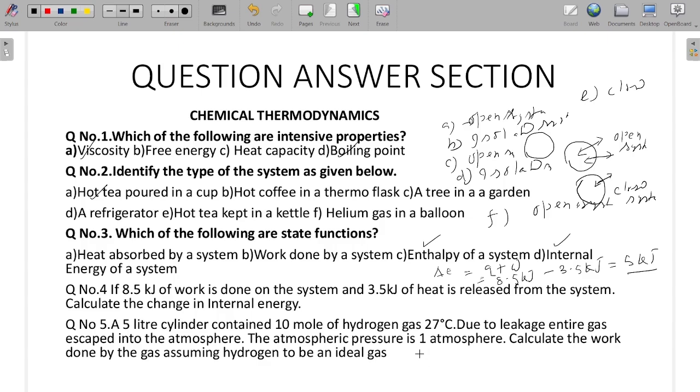Now we'll apply the ideal gas equation to find the volume. Initial volume is 5 liter. What is the final volume? When the gas is leaked, there is an expansion.